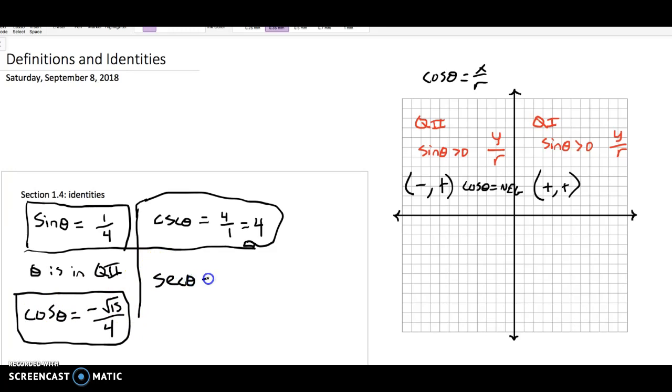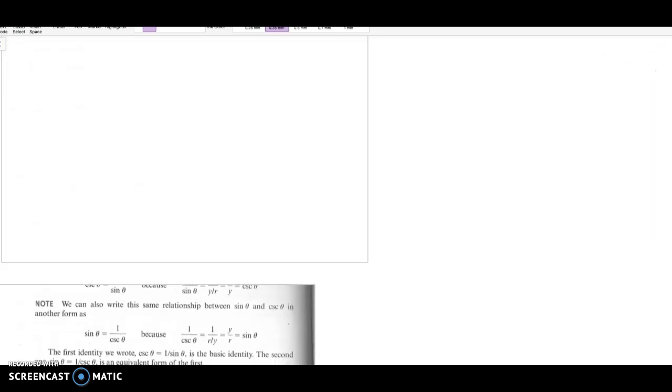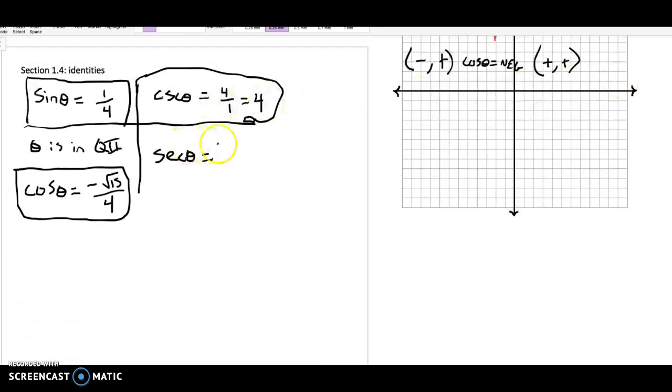And I can get secant really easily because secant is the reciprocal of cosine. And what that just says is that you can just flip over your fraction, the bottom becomes the top and the top becomes the bottom, and you have your answer. So I'll make this the top and I'll make this the bottom. And I took the reciprocal.